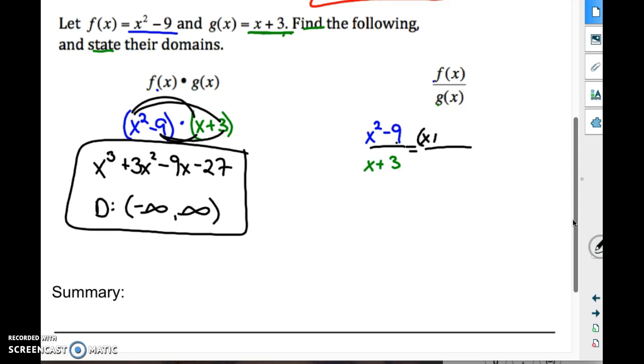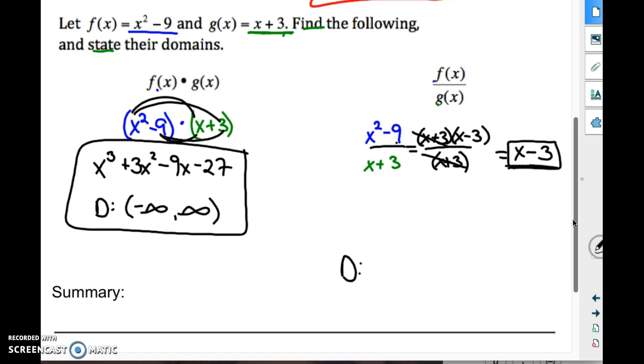So that factors into x plus 3 and x minus 3. Over here, we'll keep our x plus 3. And then because the entire parentheses are the same, we can cancel those out. So our final answer is x minus 3.